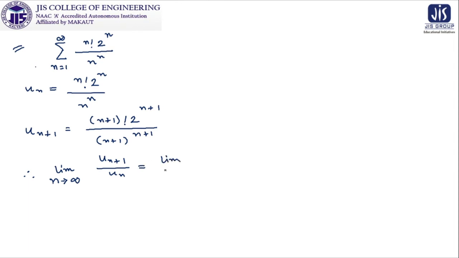So now it becomes a simple calculation or simple problem of adjustment, that what we are going to get is n plus 1 factorial 2 to the power n plus 1, n plus 1 whole to the power n plus 1, into then n to the power n by n factorial 2 to the power n. Just we have written Un plus 1 and Un in the reciprocal form.